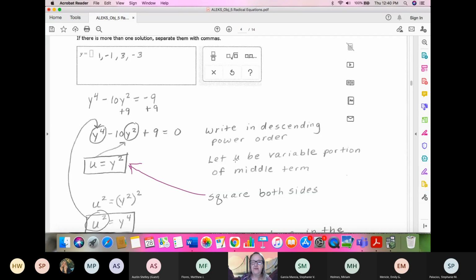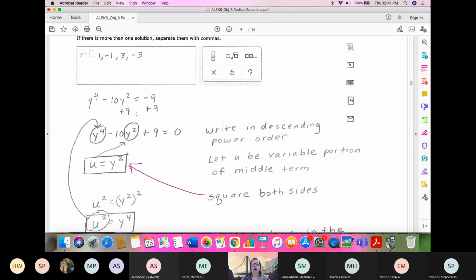We could have used any letter of the alphabet. We could have used any letter of the Greek alphabet. We could have used whatever we wanted to, but we tend to use u when we do this. So you just take out the y squared and replace it with u. Now we can't just do that without noting what we did, because we need to remember that we're going to have to convert back to y's at some point.